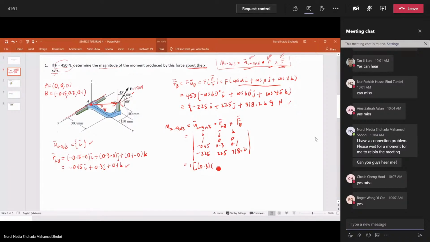And this one should be minus, because in a matrix, when you multiply for the j part, the j will always have a negative. So this one we settle.